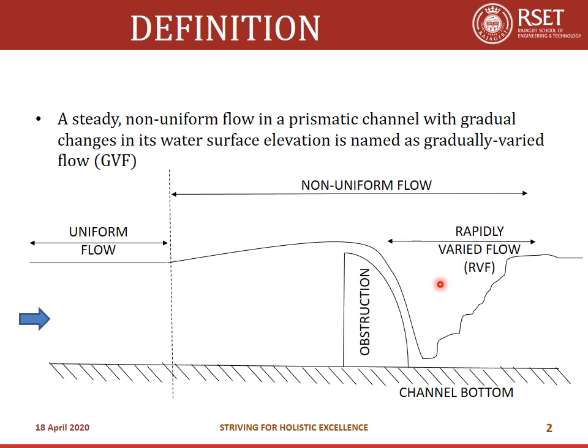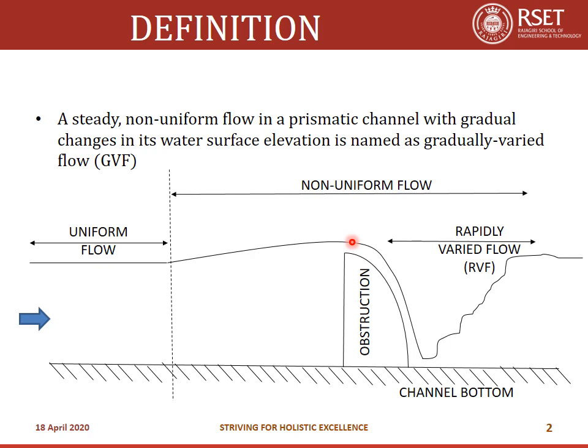So the remaining portion of the flow from here till here, you can see that the flow depth is not constant. It's going to keep on varying. However, the variation in the flow depth is slow and it's not abrupt, and over a large length the increase in depth of flow is very small.